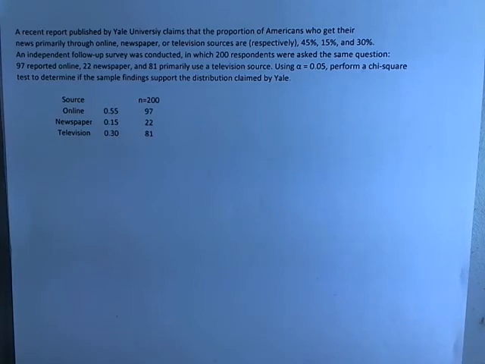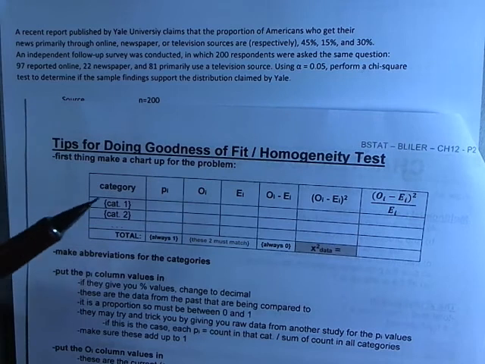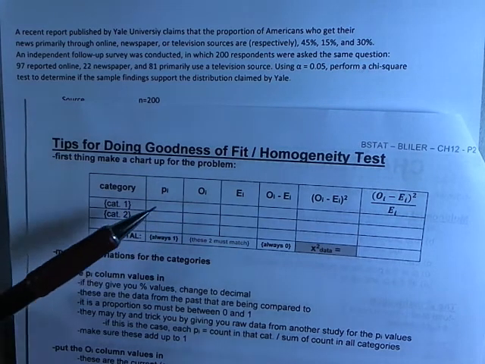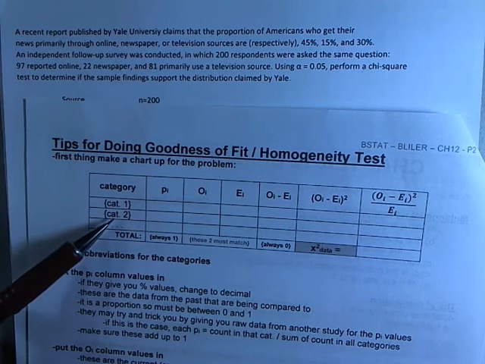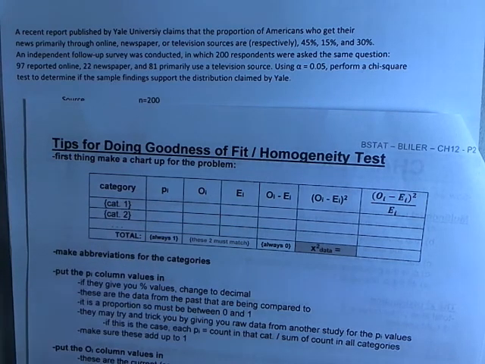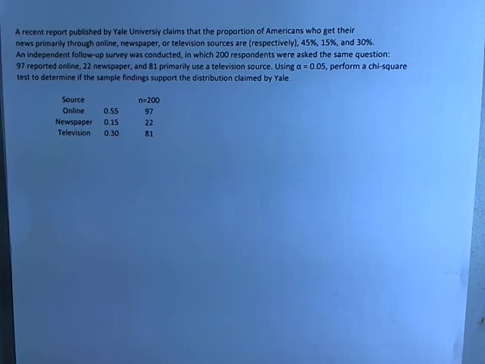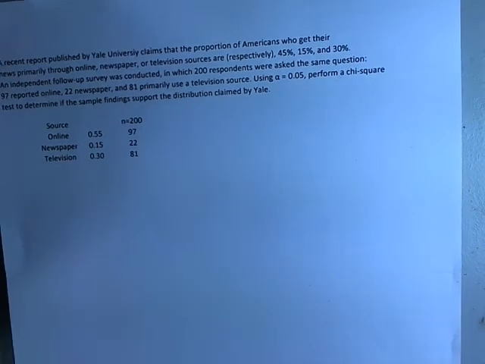So in order to do this most efficiently, we're going to use a goodness of fit table like this. We're going to list every category over here and then fill this in as we go. We'll explain that as we work through the setup here, and let's get started.